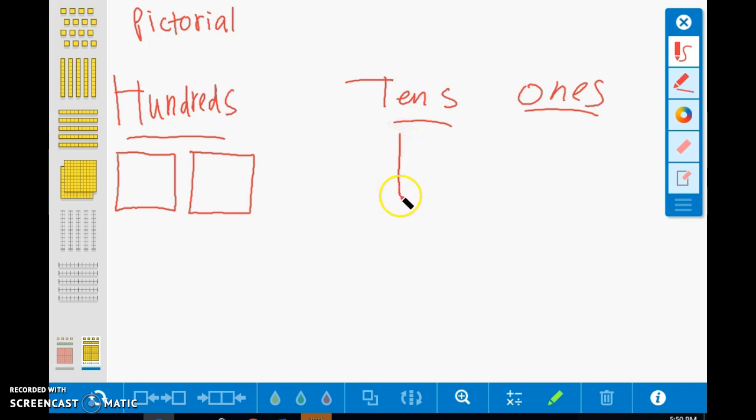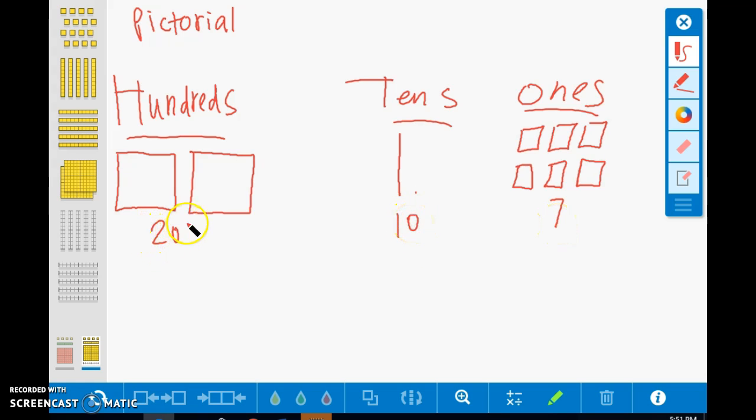Then 1 line to show our tens, and squares to show our ones. We had 2 100s, 1 10, and 7 ones.